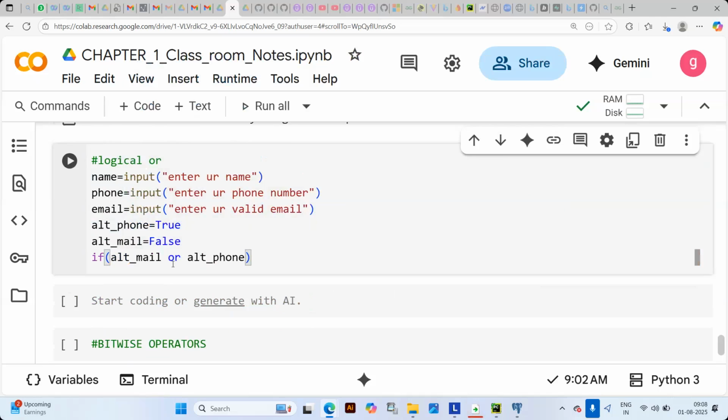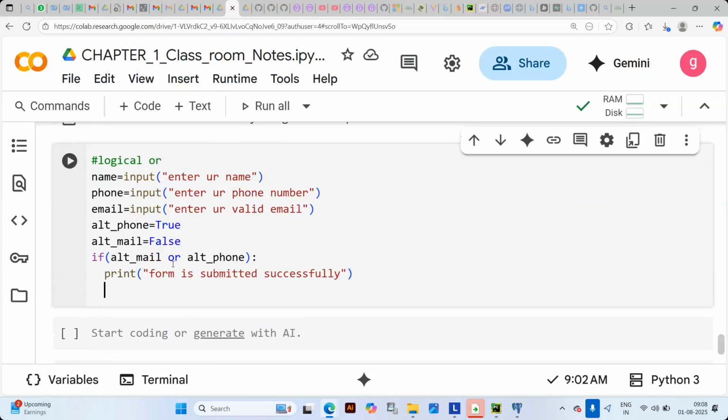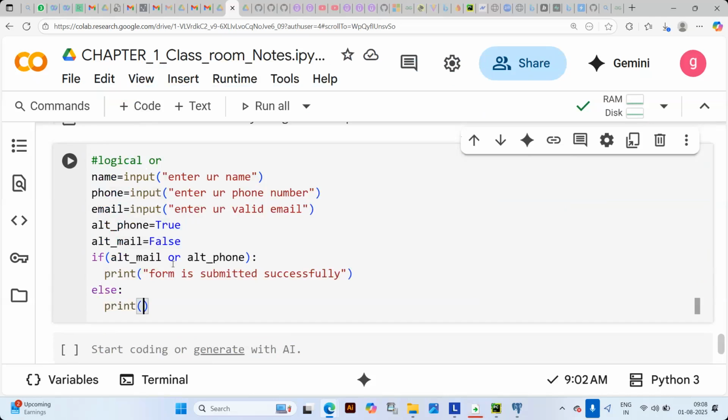So either of them has been given, so that obviously name and phone number will be given, so that you can say that the form is submitted successfully. Clear? Else, missing data while submitting.